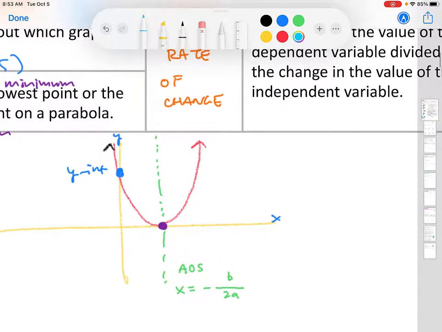Yes, math is cool. Is this line here. If you go from the dark blue to the green, this distance is equal to this distance, right? And so they just call this a reflection of the y-intercept.